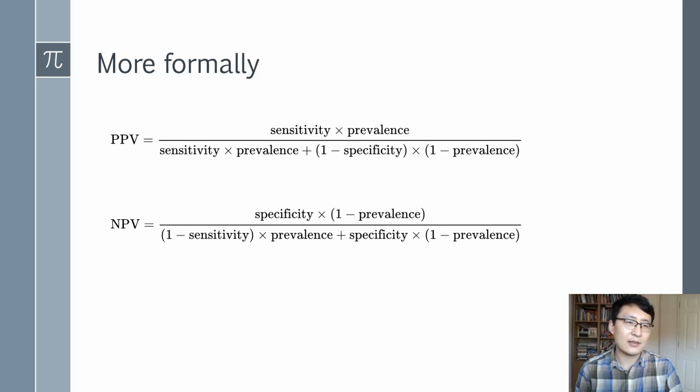But this is not a technical talk, so I won't go into the details of how this can be derived. Basically, we can see the PPV, which in this case is the probability that you are positive given the test result being positive, is a function of sensitivity, specificity, as well as the prevalence.